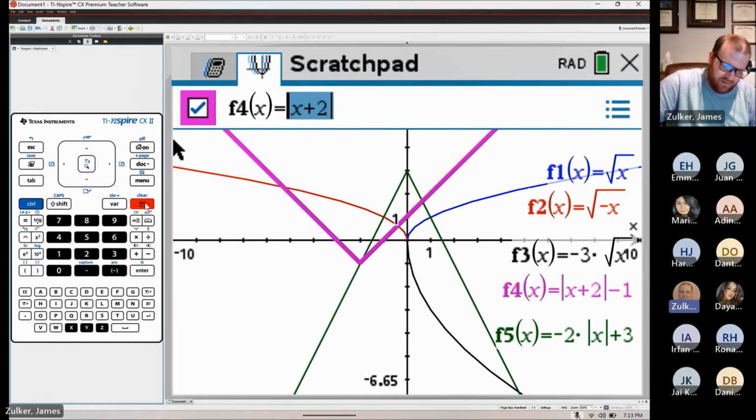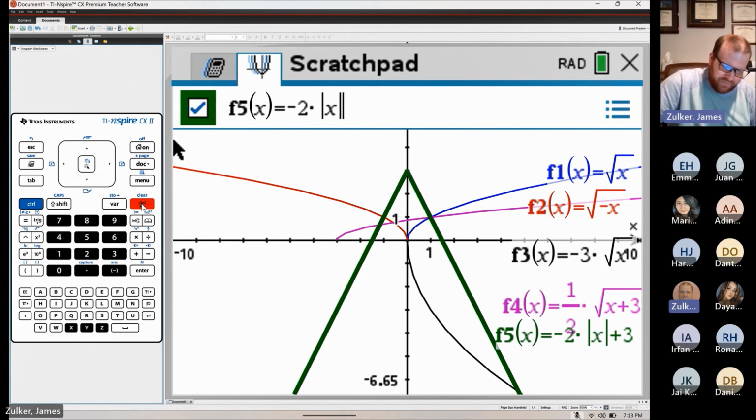After that, is 1/2 square root of x plus 3. And then finally, we have the negative 1.5 root x minus 1 plus 2.